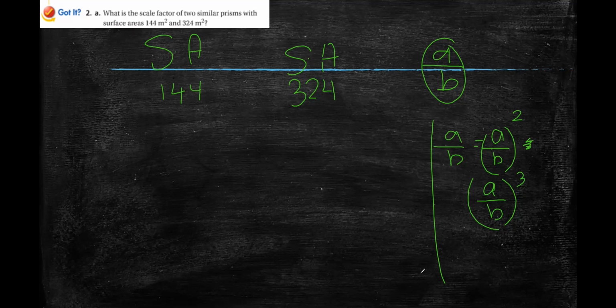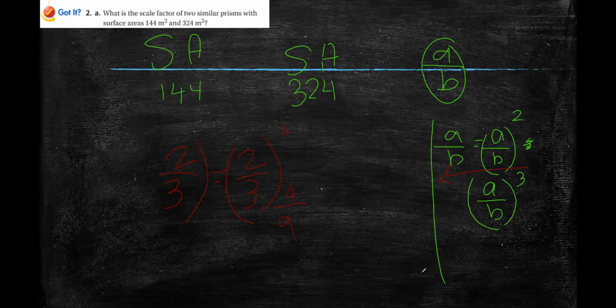So here we have to go in the reverse way. What does it mean? I have the ratio of the surface areas and I need to find the scale ratio. Sometimes I give you the scale ratio like 2 over 3 and tell you to write the ratio of the areas. You will tell me that it is 2 over 3 squared, which is 4 over 9.